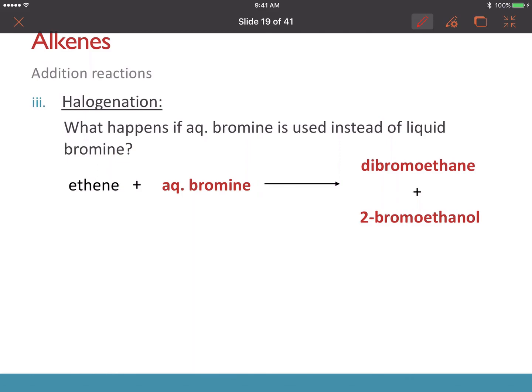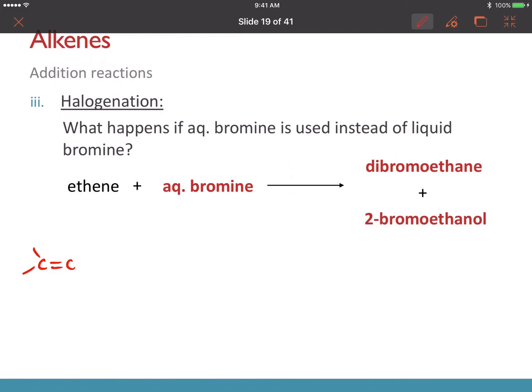What do I mean? I've given an example here, ethene, plus aqueous bromine. So, what they mean is, in the solution, there will be bromine molecules. There will also be water molecules.